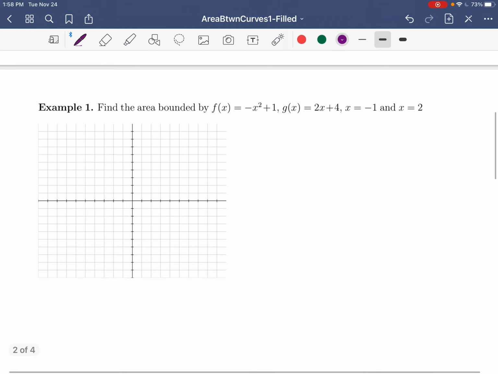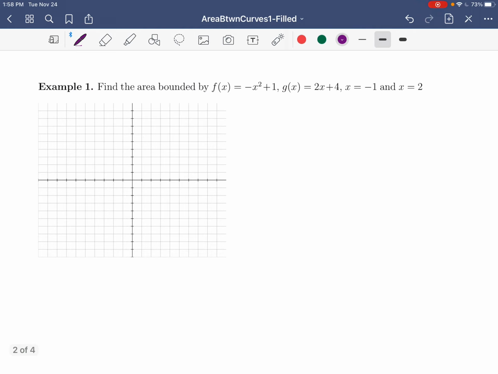Okay, so let's do an example. I want the area bounded between the graph f of x equals negative x squared plus 1 and the graph g of x, which is 2x plus 4, between x equals negative 1 and x equals 2. One thing we can do is graph these two functions. g of x is a line, so it has y-intercept at 4 and a slope of positive 2.